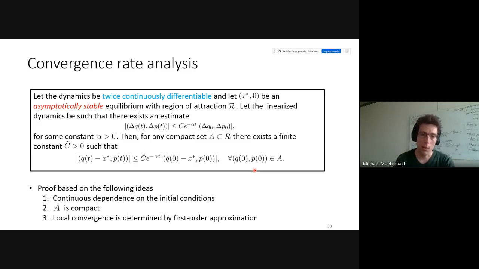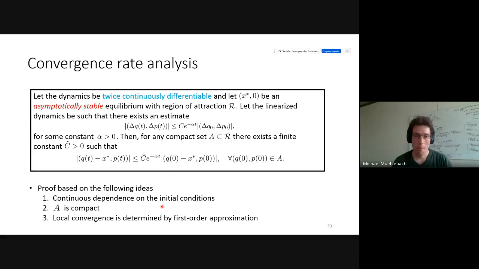And the proof is elementary and essentially hinges on the following ideas. Because the dynamics are smooth, you will have a continuous dependence of the trajectories on their initial conditions. And in addition, the set A is compact. So we're restricting ourselves to a compact set in the region of attraction.